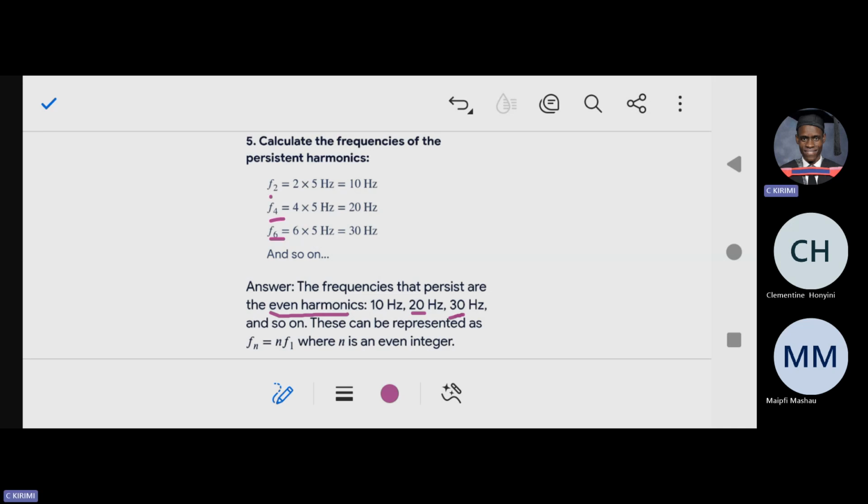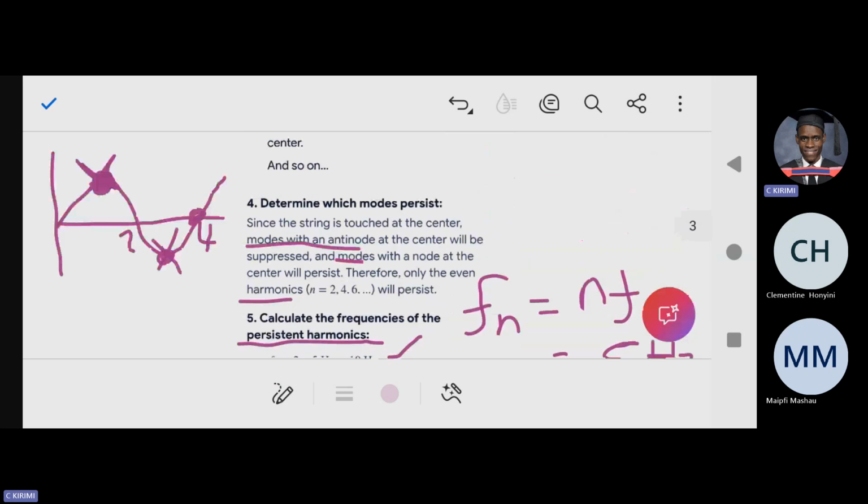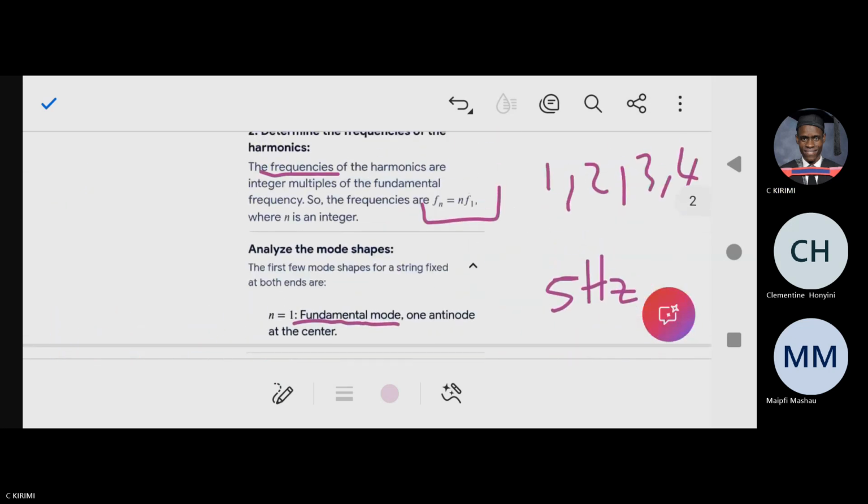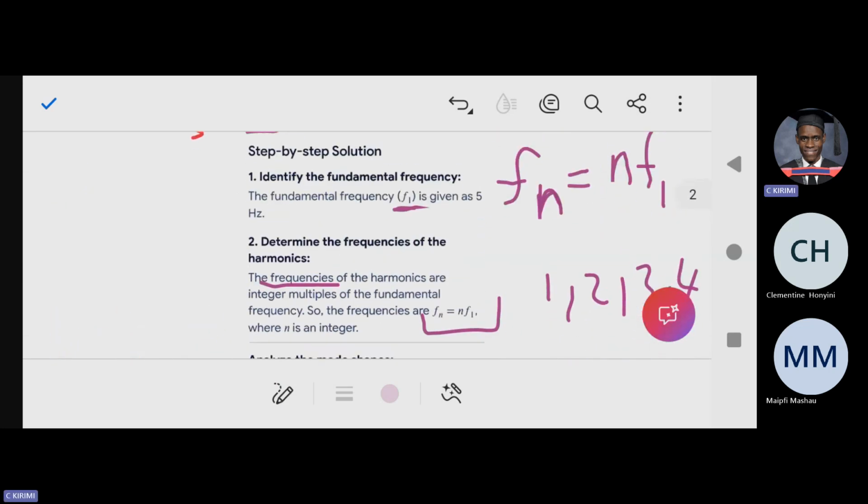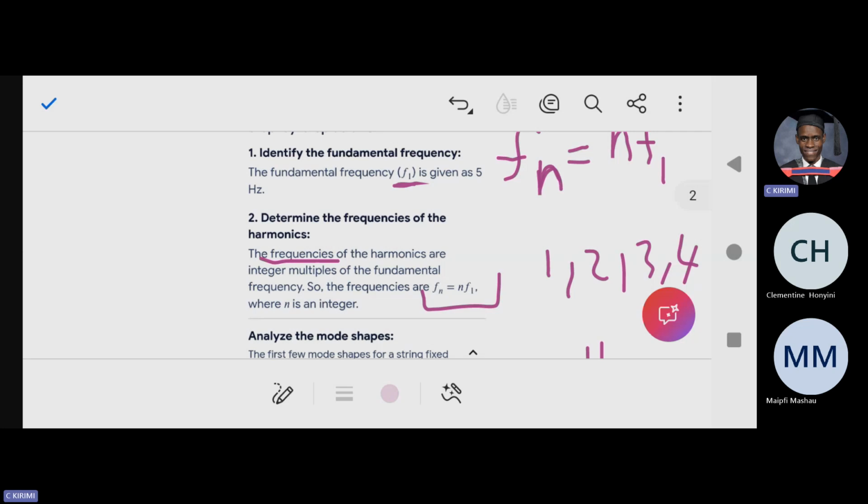These can be represented as Fn equals n multiplied by the fundamental frequency, where n is now an even integer. Remember from the definition, n was just an integer.